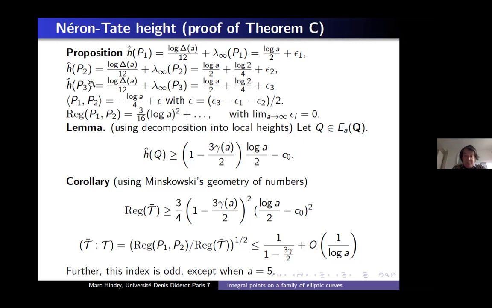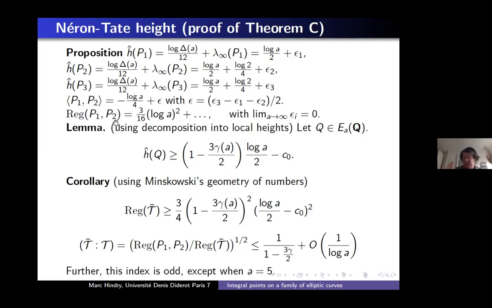What we end up with is that the height of the points P1, P2, P3 is log A over 2 plus 0 or log 2 over 4, a constant, plus a term that goes to 0 with A. So we get a very precise estimate for those heights, and hence for the scalar product of the two points, and hence also for the regulator.